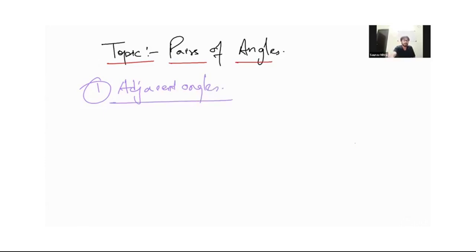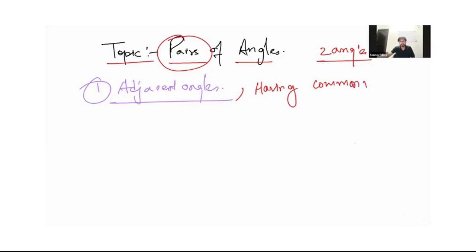By the word pair, we get the idea that there will always be two angles. Adjacent means having a common vertex and one common arm.